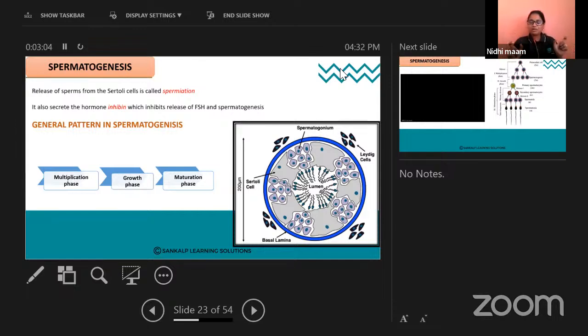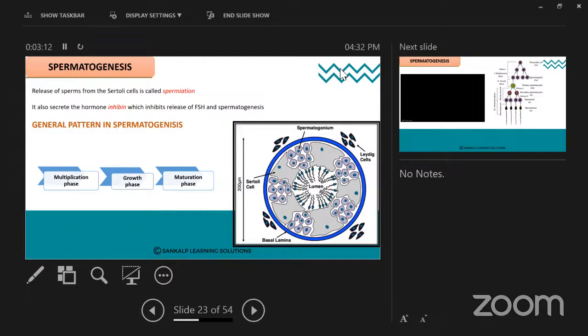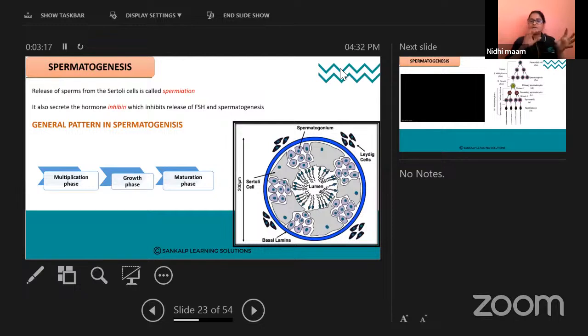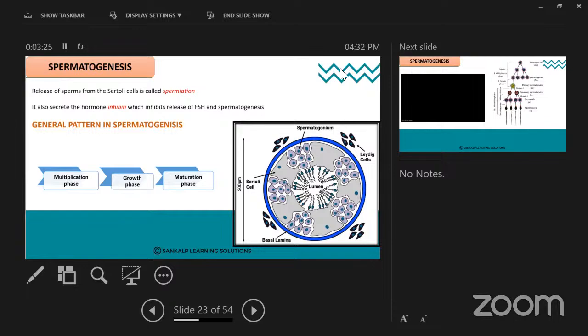Spermatids will undergo morphological changes and form sperms. What is this process called? Spermatids get converted and become spermatozoa. What do we call this process?